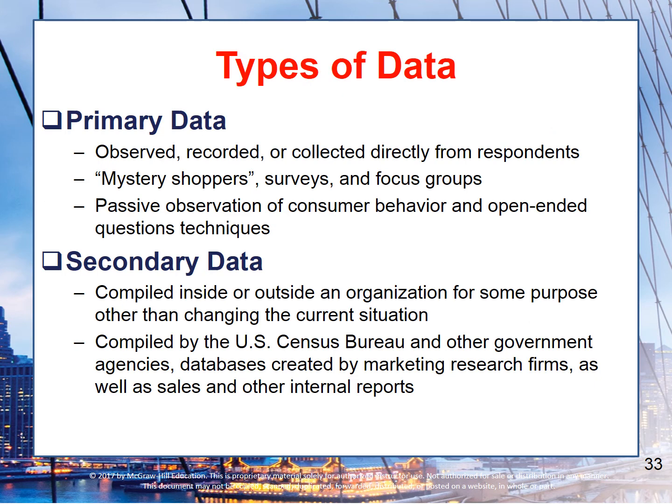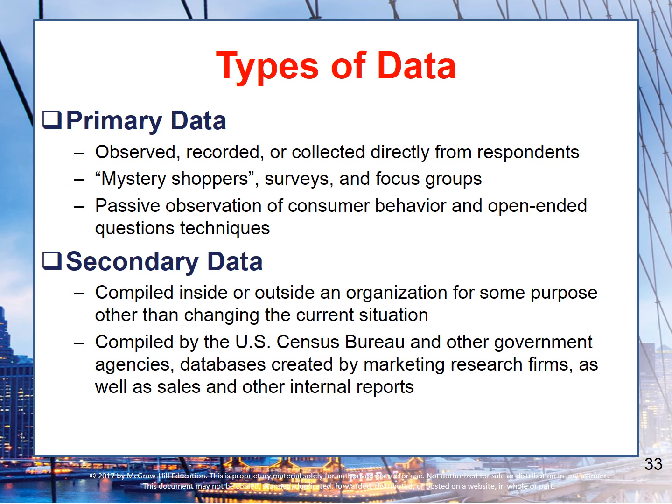There are generally two types of data that your decision makers can gather to start making their decisions on their marketing mix. First of all, you have your primary data, and if you read these, it's just basically information that is collected directly from respondents. You also have mystery shoppers, focus groups, and then just regular passive observation of consumer behavior.